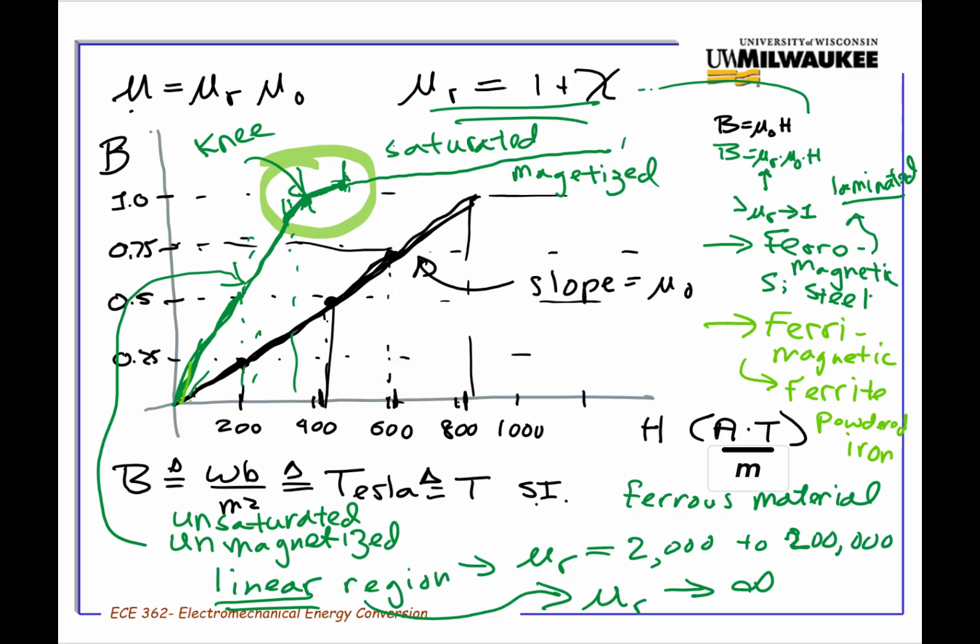It would typically be steeper, saturate sooner, and be much flatter. So there's a ferrimagnetic material. The nice thing about ferri versus ferro is the ferrimagnetic materials can handle higher frequencies of AC excitation, and we'll talk about that as we discuss core losses. That's the benefit of ferrimagnetic material.